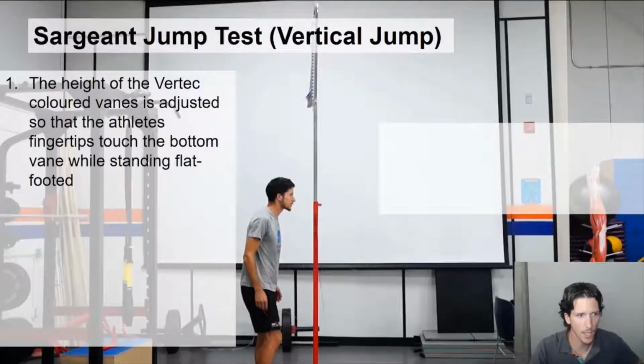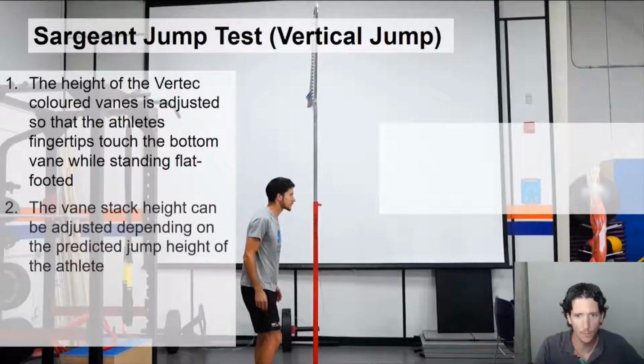Alright, so the next test is going to be a vertical jump test, or the Sargent vertical jump. The Vertec is the stand that we have here, the commercial name for it. The Vertec colored vanes can be adjusted so that the athlete's fingertips touch the bottom vane while standing flat-footed. This makes it easy to do any math afterward when calculating the vertical jump.